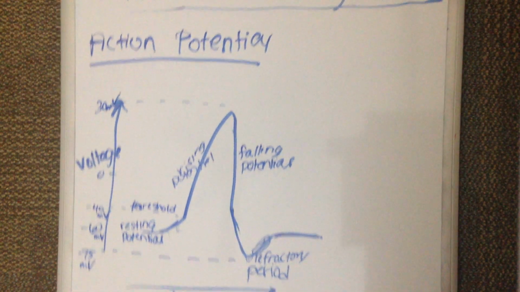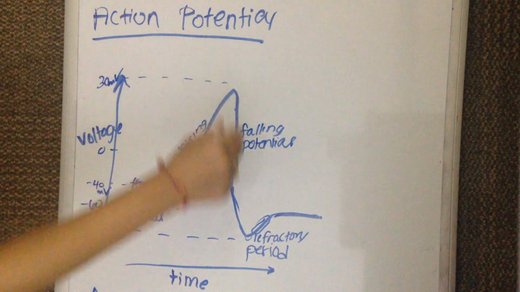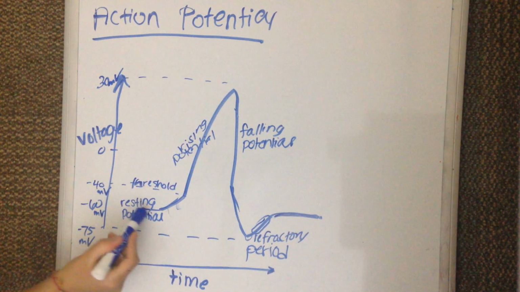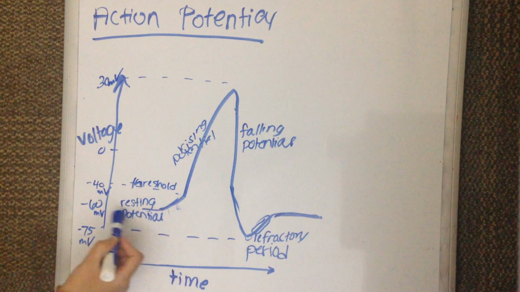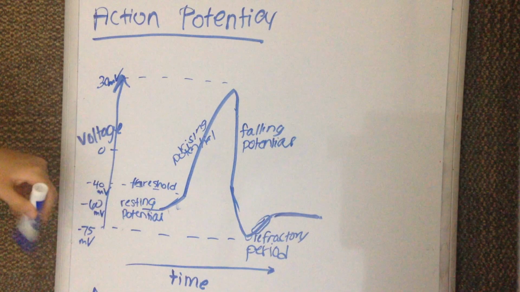So first of all, let's start with the diagram of what you're going to see as representing the action potential. You have this weird looking curve, right? So you have what you call here a resting potential. Resting potential for most cells is around negative 65 millivolts.